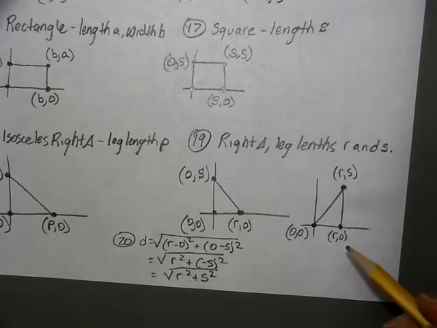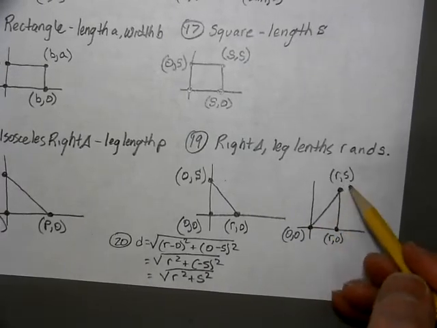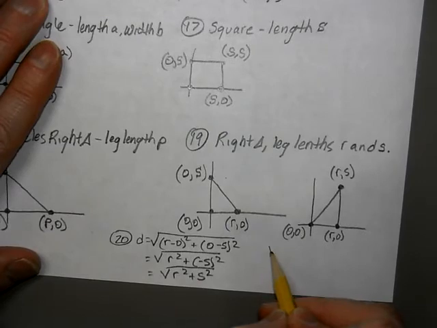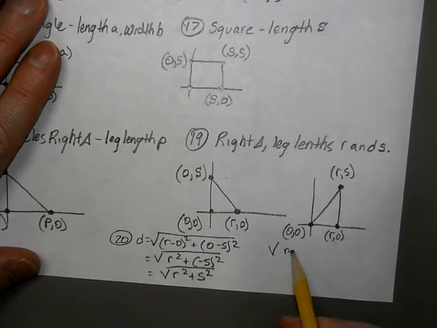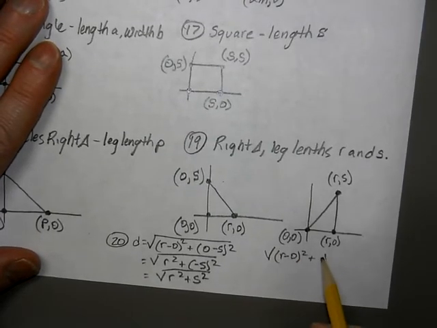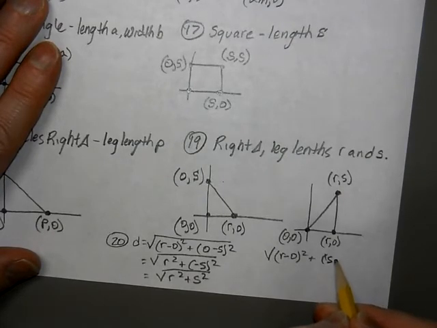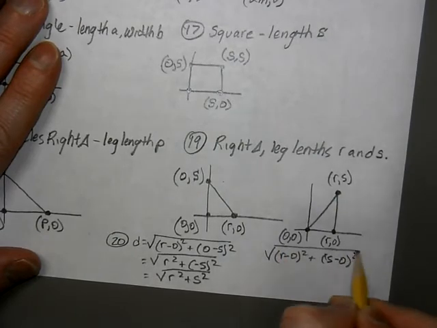So for us to do our calculations of the distance of the hypotenuse, we're going to use the endpoints of the hypotenuse. So again, you would use x1 minus x2 plus the y subtracted.